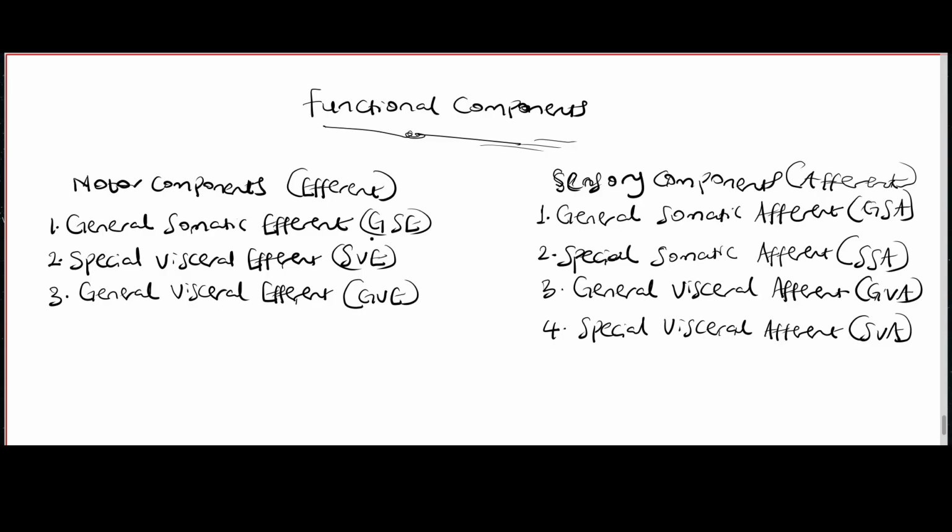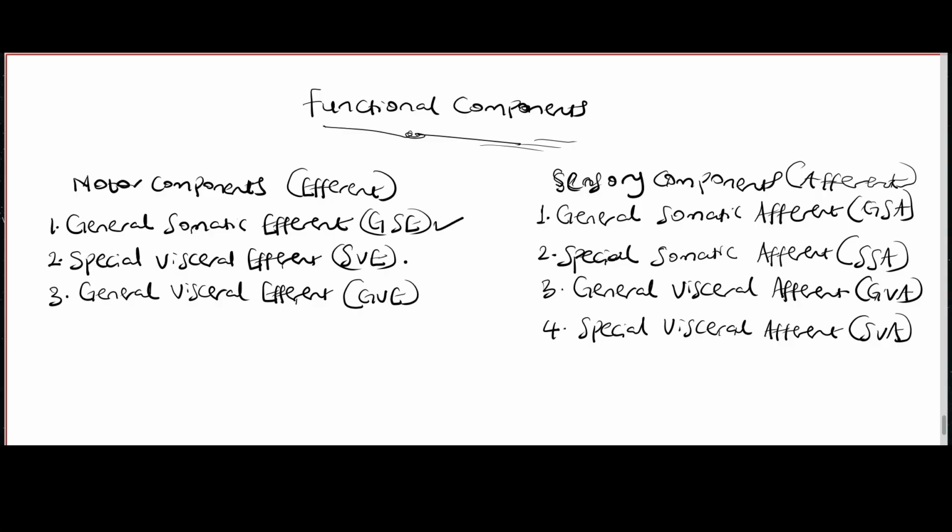Now let's talk about the motor components. For the motor components, we have the general somatic efferent, which simply means motor fibers to the ordinary skeletal muscles. Motor fibers to ordinary skeletal muscles.